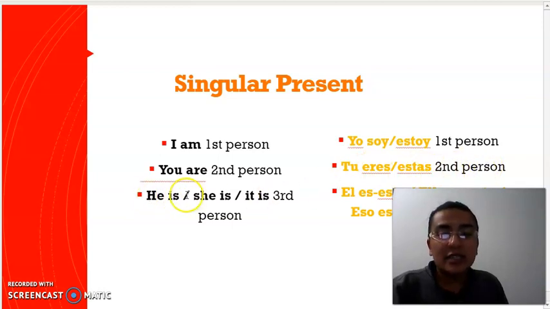It is he is, she is, or it is. It translates él es o él está, ella es o ella está, eso es o eso está, which is actually the third person in Spanish. Pretty simple, right? So this is basically what we are going to work on this session.